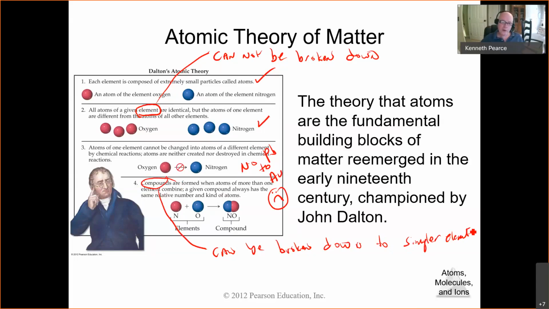So, once you form that nitrogen oxide compound, you can certainly go back in the other direction and get nitrogen and oxygen atoms. But if you have a sample of oxygen, it's all oxygen, and you can't break it down into something more simple. So keep that in mind.